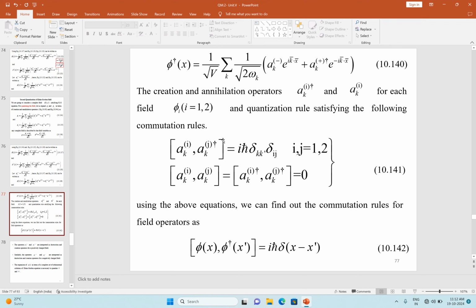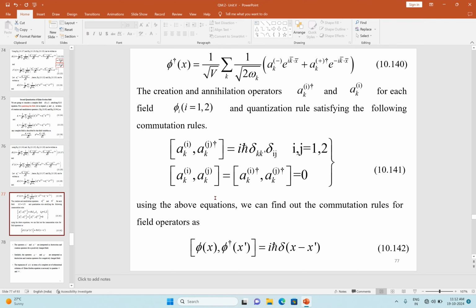So these rules are here: a_ki comma a_k'j dagger equals i h cross times delta_kk' delta_ij, with i, j equals 1, 2 particles, and a_ki comma a_kj equals 0, as well as a_ki dagger comma a_kj dagger commutation equals 0.